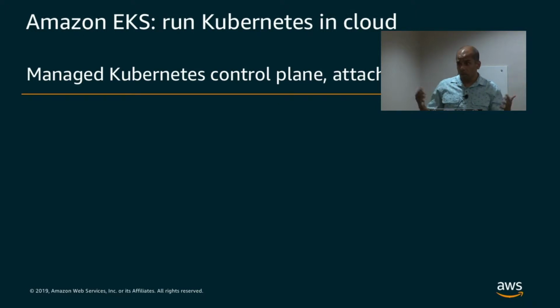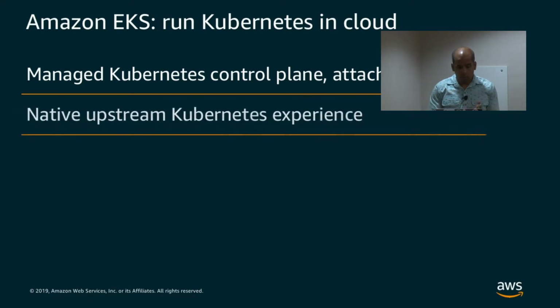Now that's how we started. And the managed data plane would be coming later this year. The important part to understand is the core tenet of Amazon EKS is 100% upstream compatibility. So whatever you're doing in upstream Kubernetes is exactly the experience that we're going to give you as part of Amazon EKS.